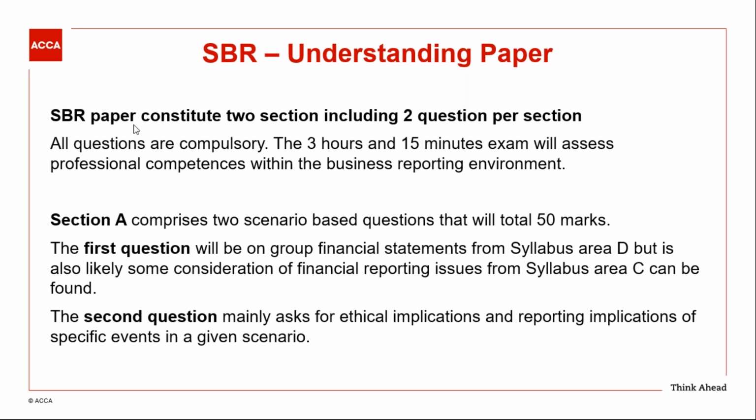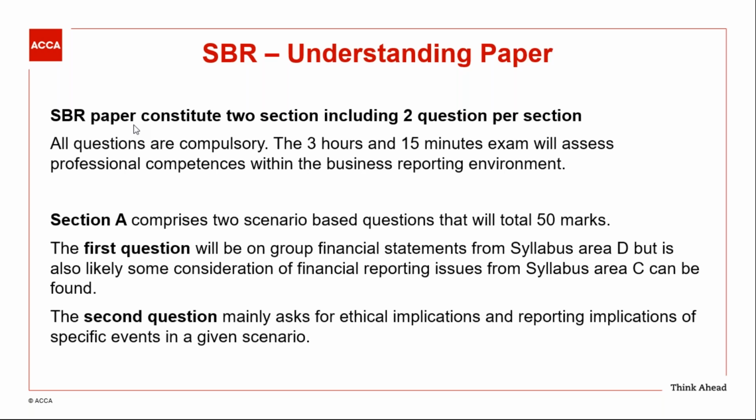So you need to be very careful that in this paper you might be provided with chunks of a specific consolidation section. It includes balance sheet, income statement, or cash flows. It's not specific that the examiner is going to limit himself to asking a question either from the balance sheet or from the income statement or the cash flows.